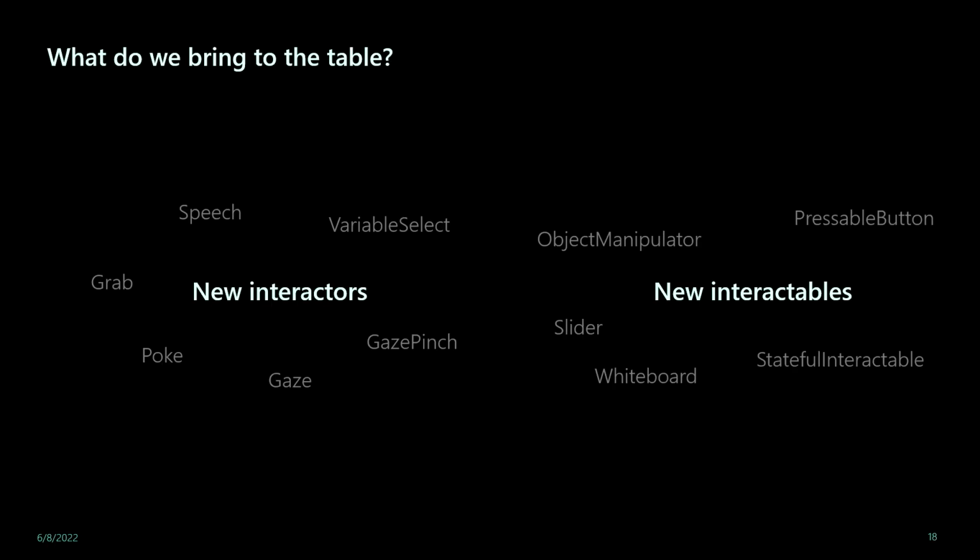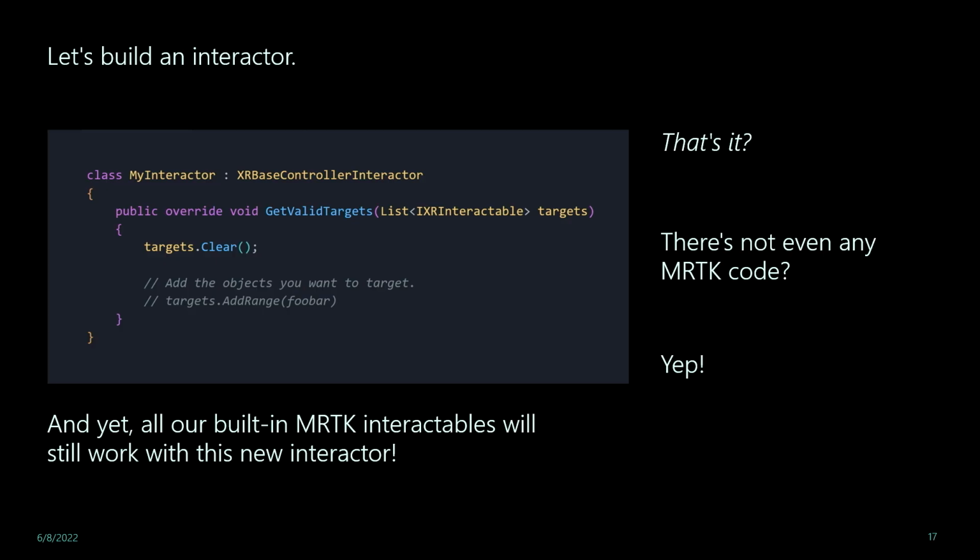So this pattern allows your brand new interactor to already work with all of our existing interactables, which is pretty cool. And we'll talk a little bit more about how that works. But this whole system is built to be future compatible in the way that you can build new interactions, and every single one of our existing interactables will work out of the box with it. Even complicated interactions like dragging and manipulating and moving.